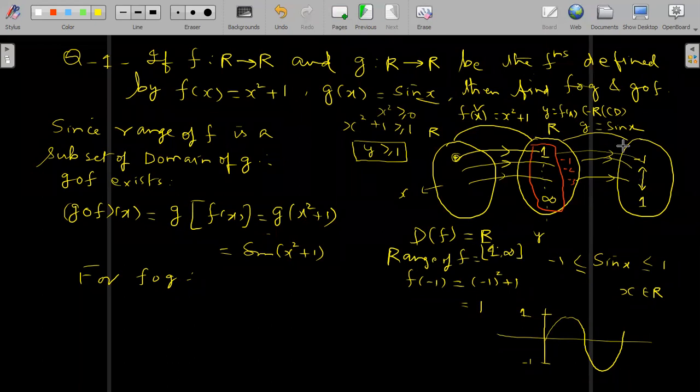But when you are going in the reverse order, -1 to +1 will become the range of g. We are going to this side. Now when we are finding g∘f, we are going in the reverse order.